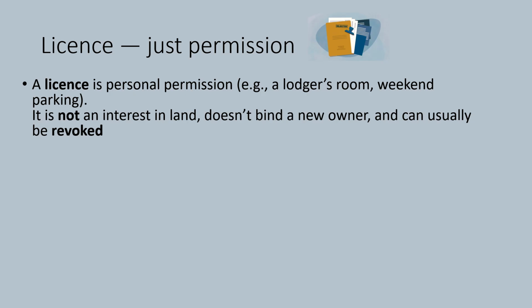Those are not things that attach to the land, they're not bolt-on rights, they are really just an agreement with a certain person that is only for that person. So it doesn't connect to the land, it's not something that can be inherited, it's also not something that will bind future purchasers because it only concerns the original parties to the agreement. Okay?